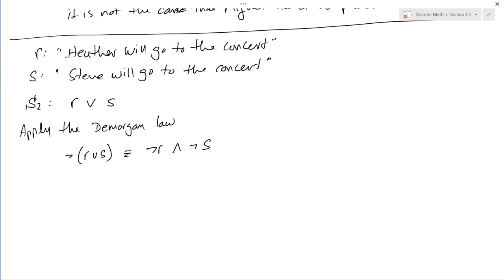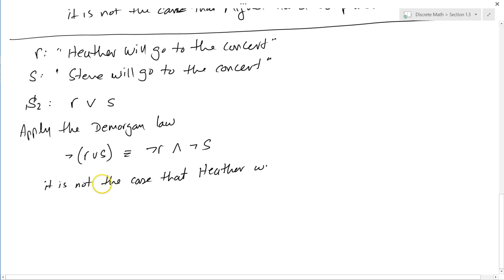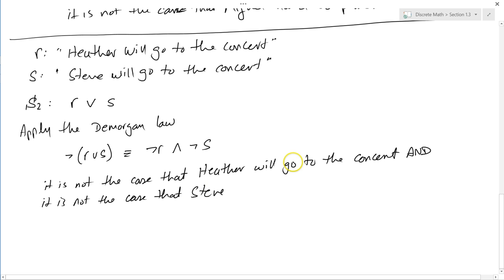So when I apply the definition directly, I'll say it is not the case that Heather will go to the concert, and it is not the case that Steve will go to the concert.